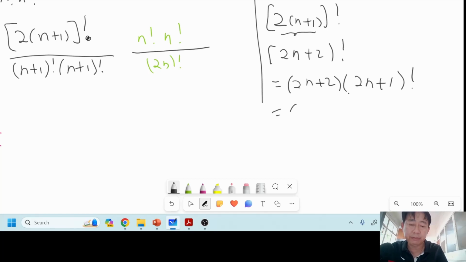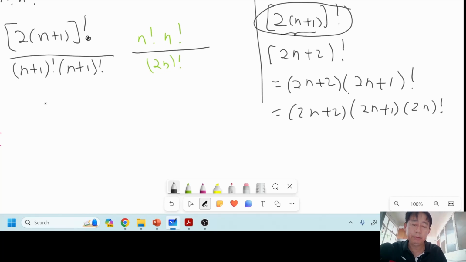Then you can further simplify the term 2n plus 1 factorial to 2n plus 1 times 2n factorial. So that's how this term becomes reduced to this.